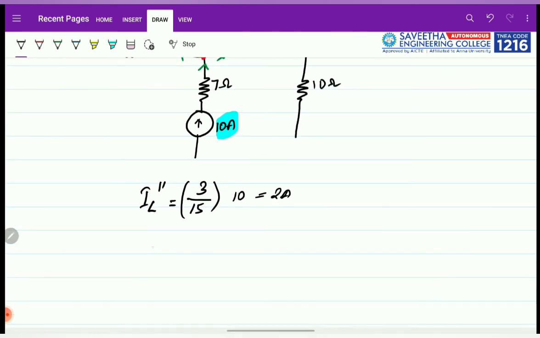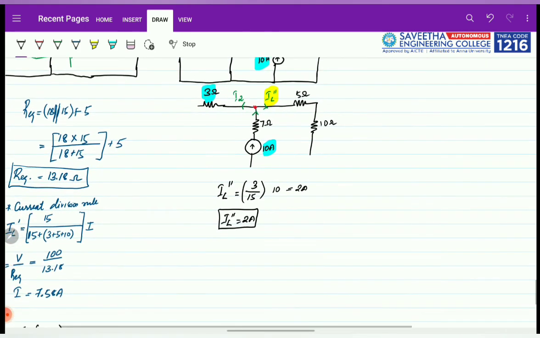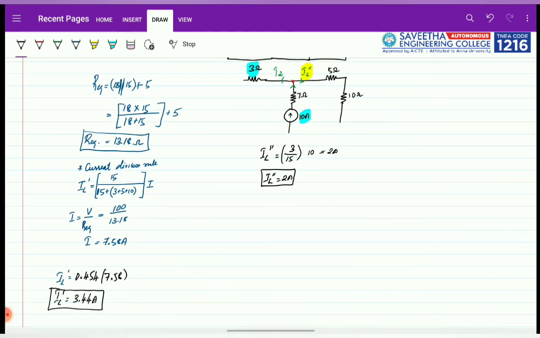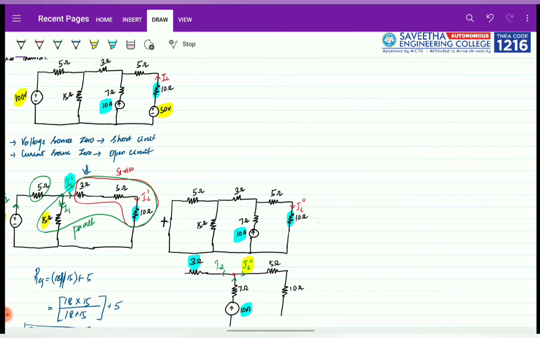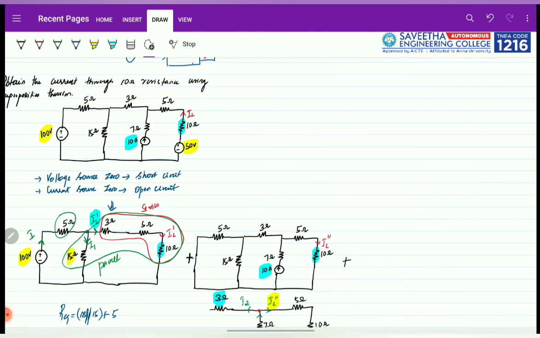So this is very simple. IL double dash gives you 2 amperes, right? 2 amperes is given. So now we have found the current because of the two sources separately. The last one left is the other one. So we'll add these up and find the next one. I'll copy this and bring it to the next slide.